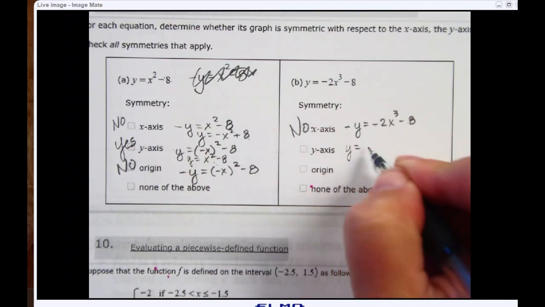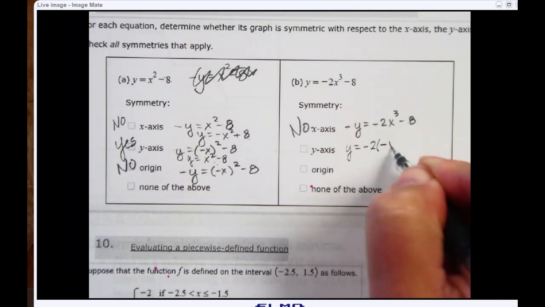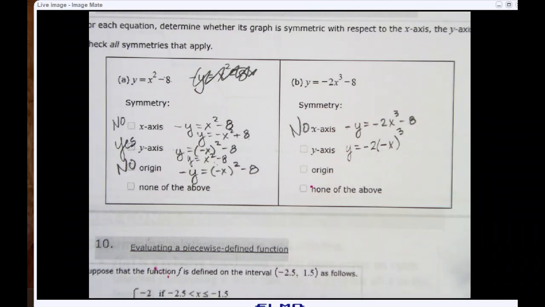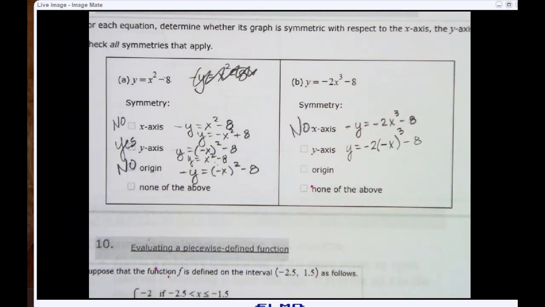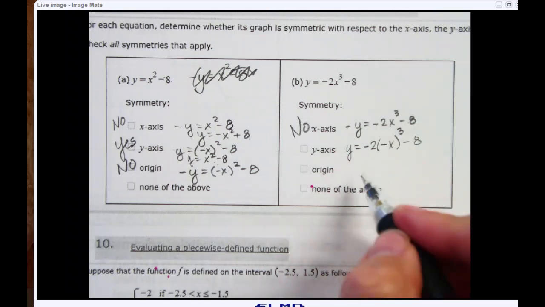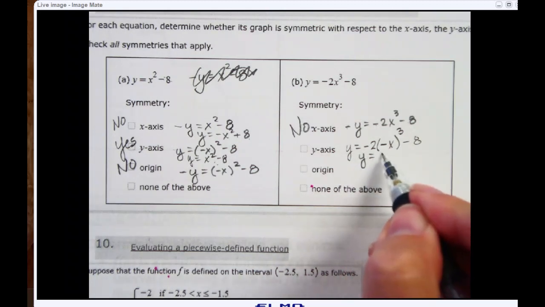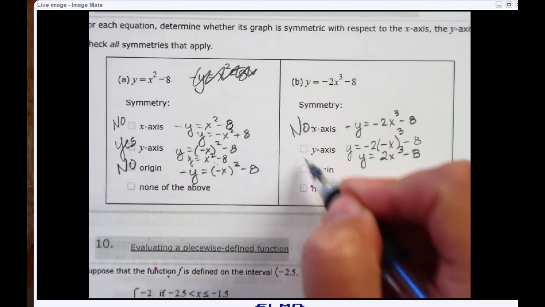Negative x. Negative 2, negative x, the cubed is on the outside, minus 8. What is a negative x cubed? It's still negative. So I'm going to have a positive 2x cubed. So that one's a no.